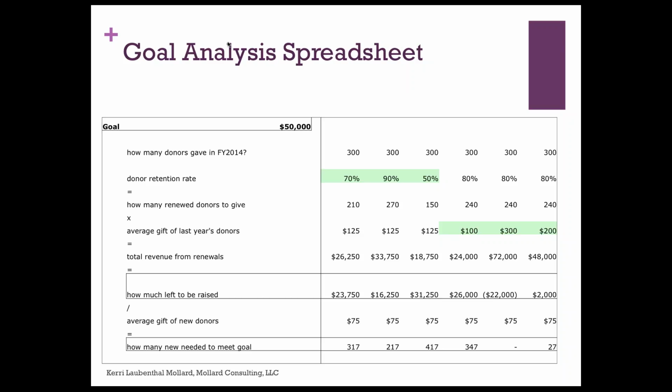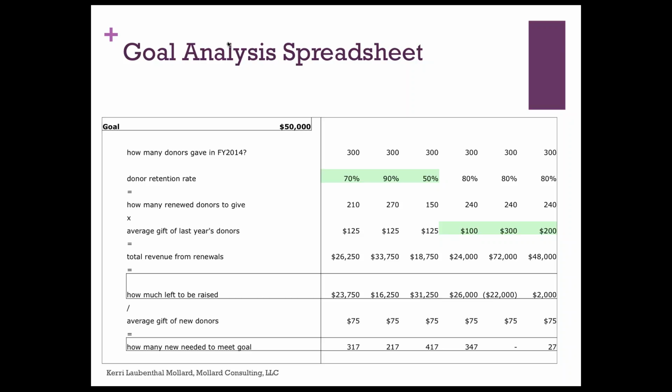If the average gift of new donors is 75, that's 347 new people. That's more new people than your current base of 300. And the second to the last column to the right, again, retention rate stays at 80%, 240 donors renew, but this time the average gift of last year's donors is $300. Well, 240 times 300 is 72,000. You've just blown your goal away. You've raised $22,000 over the goal amount.